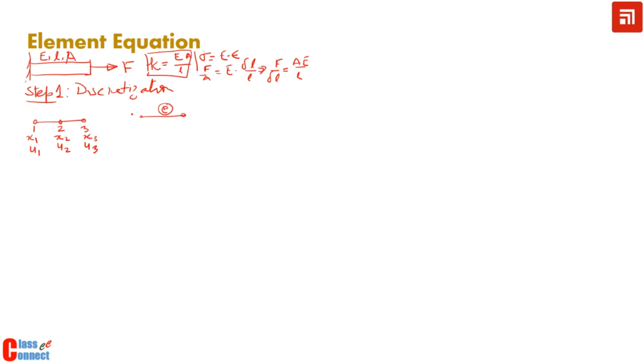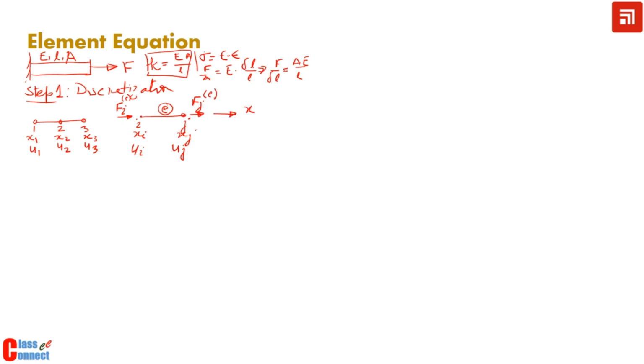We can have the ith node and the jth node, the ith coordinate xi, and xj is the coordinate of the jth node. ui and uj are the field variables or the displacements for the ith node and jth node, and this is the load acting on the ith node of the eth element, and this is the load on the jth node of the eth element.